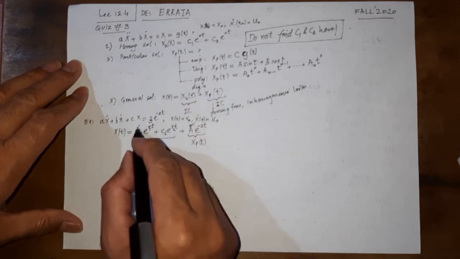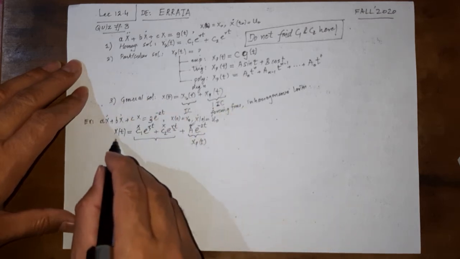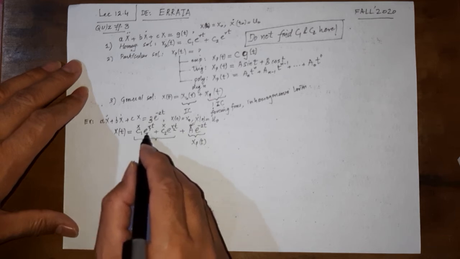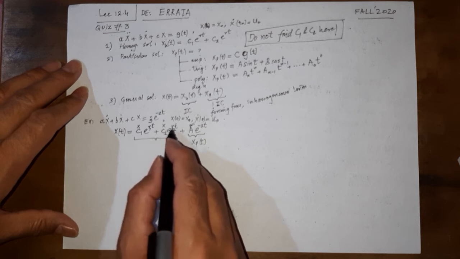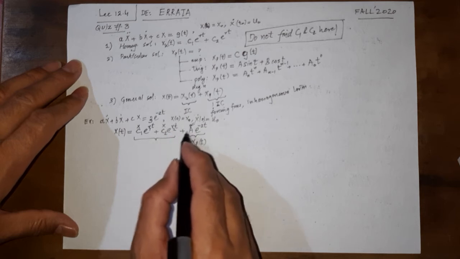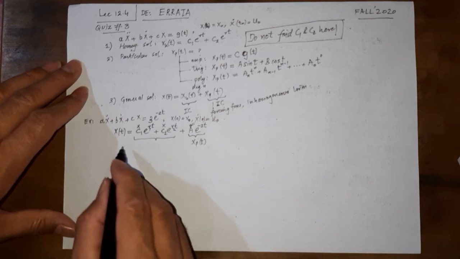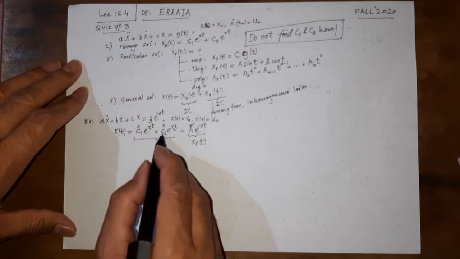But C1 and C2 are not known by the time we reach this step. So x(t) is equal to C1 unknown, e raised to power r1 known, t, plus C2 unknown, e raised to power r2 known, t, plus A known, e raised to power minus 3t. This will be the final solution. And still you have to find C1 and C2 here.